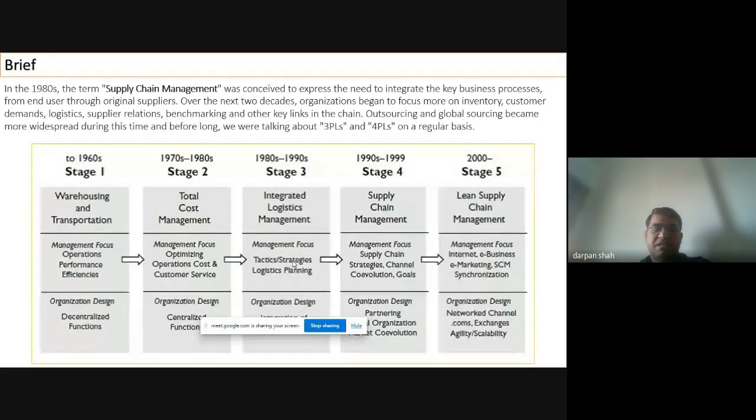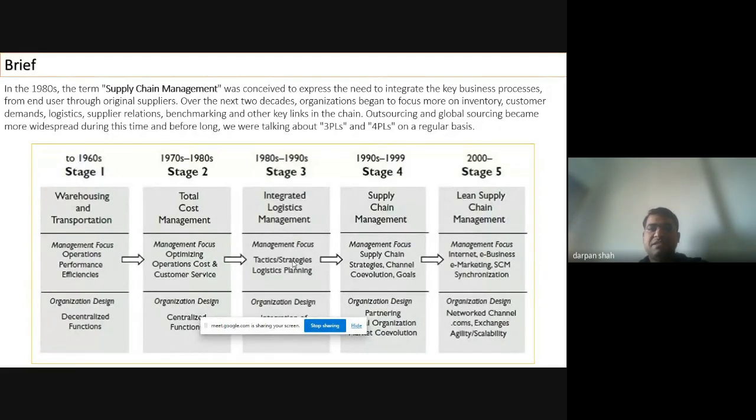So this is where the shift came in. After that, in stage 3, integrated logistics management came into the picture, and strategies started evolving with respect to logistics planning. This is where the strategies and the analysis part started in supply chain management.